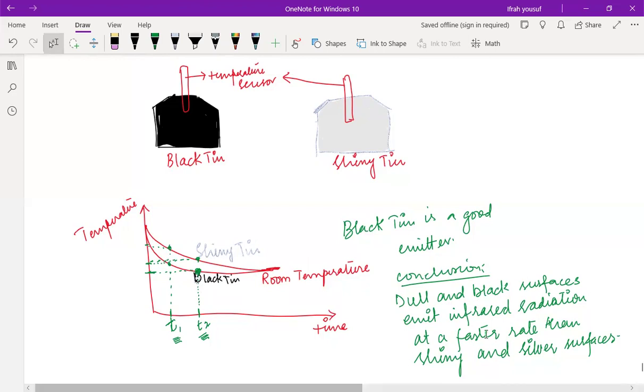Or they can give us that we are going to decide which graph belongs to a black surface or a black object, and which graph should belong to the shiny or any silver or reflecting surface. Clear? Yes, okay sir. This is how they can ask.